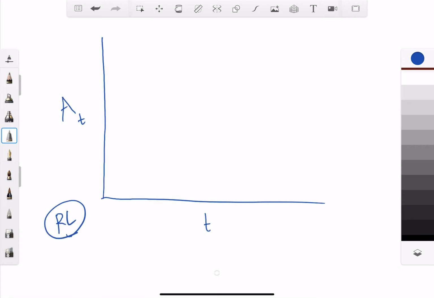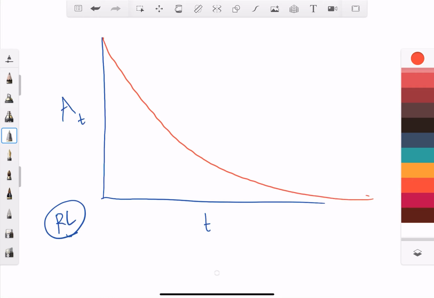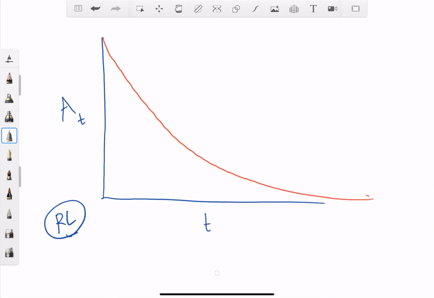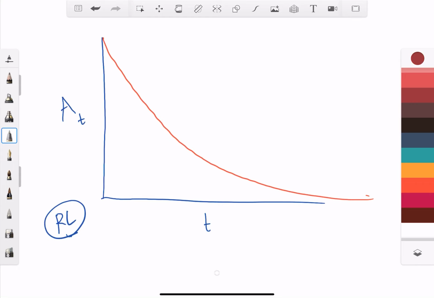We know, or we just mentioned, that it would be this, right? So if we said that this would be our A naught, okay? So A naught at, let's say, this time, it would be half A naught, right? Because we are talking about the half-life.